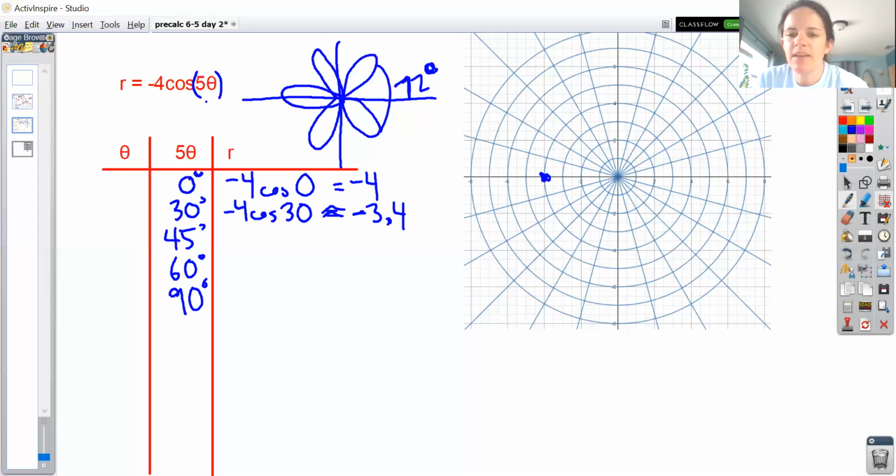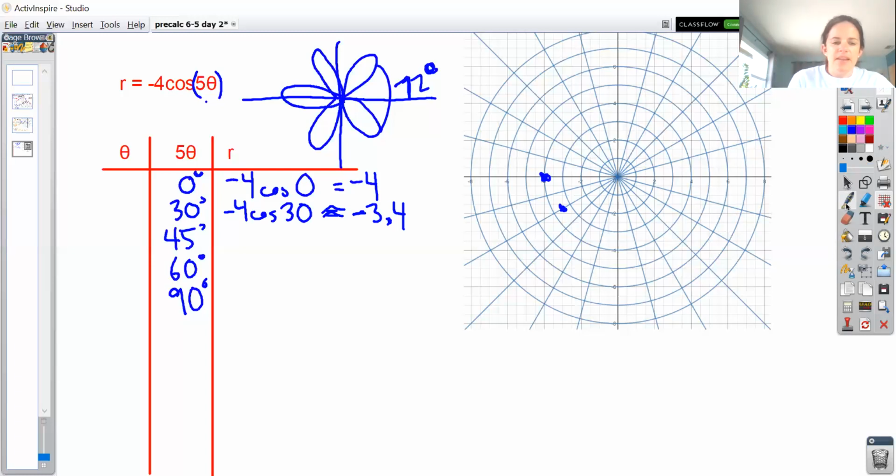So I'm going to find the angle 30 degrees, which is right here, but I'm going to then go to the opposite side of that, the negative side of that right here, and I'm going to put my dot at -3.4. So 1, 2, 3.4 would be about right there. And so it's a little bit tricky when the radius is negative. You have to be careful about that.